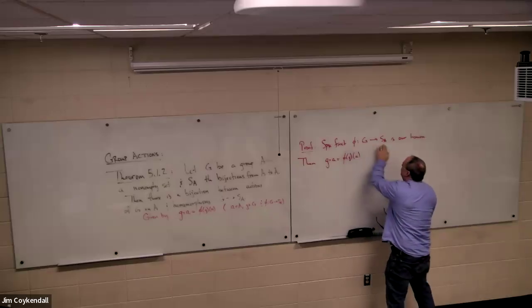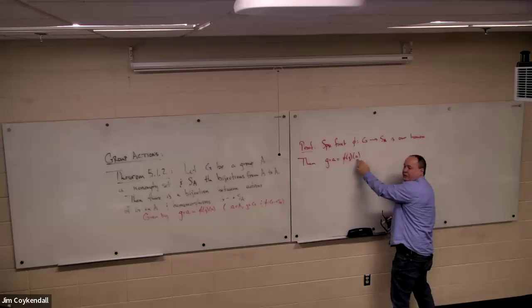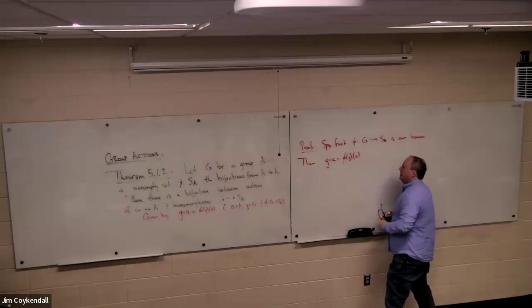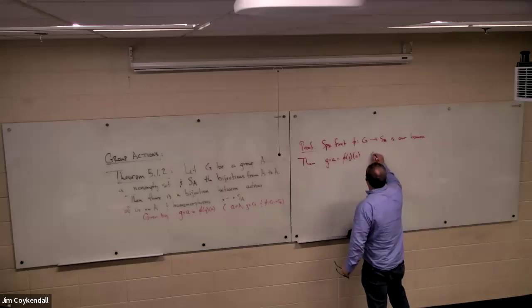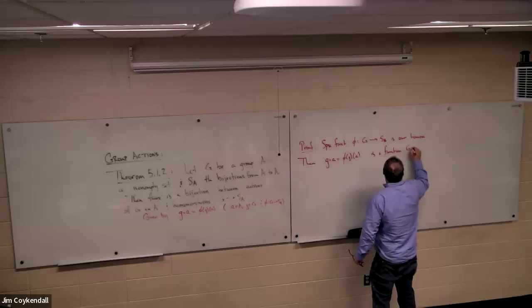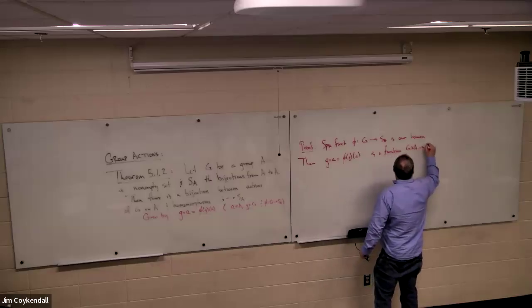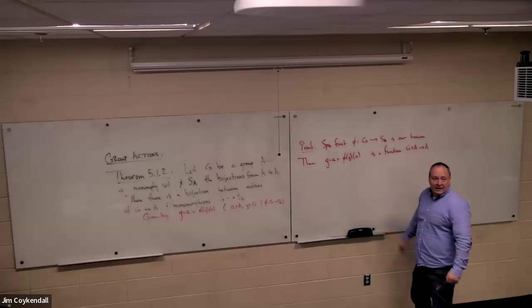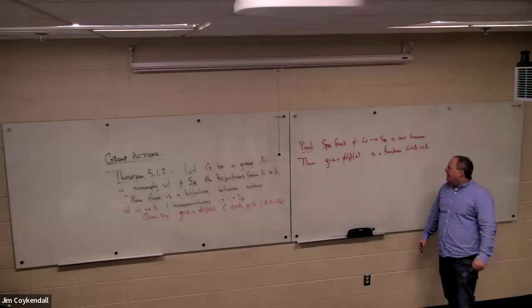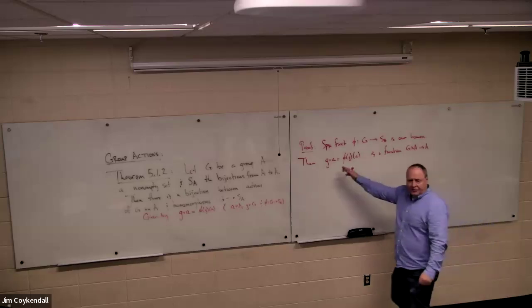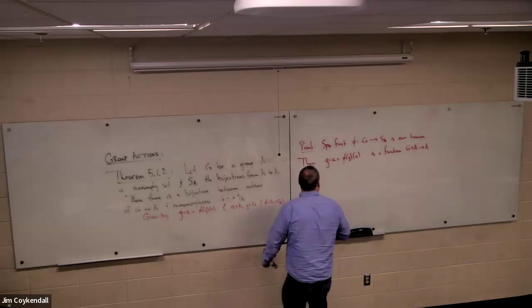When I shove g into this phi, I get a permutation of A. So this takes this a to some other element of A because it permutes the set A. The function from G cross A into A: input a g, input an a, and you output an element of A. And I want to show it's an action. I want to show that this circle definition here is an action.